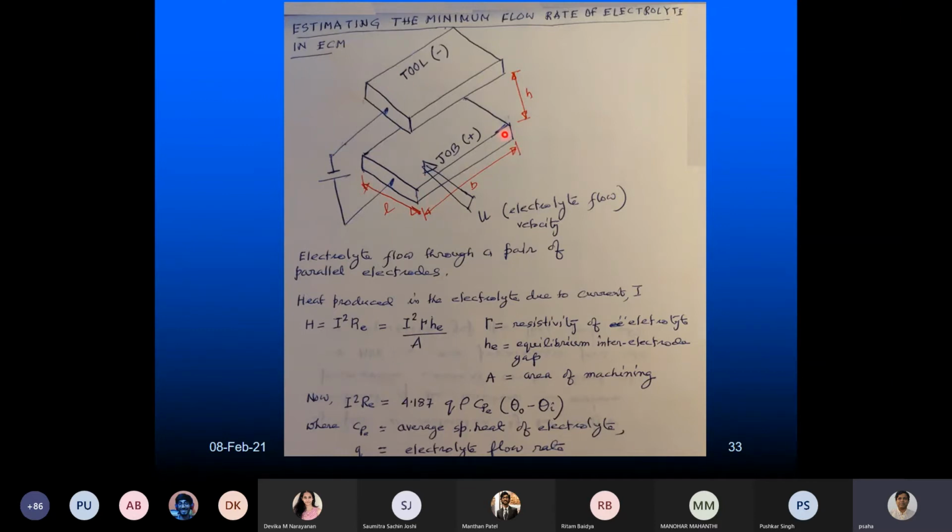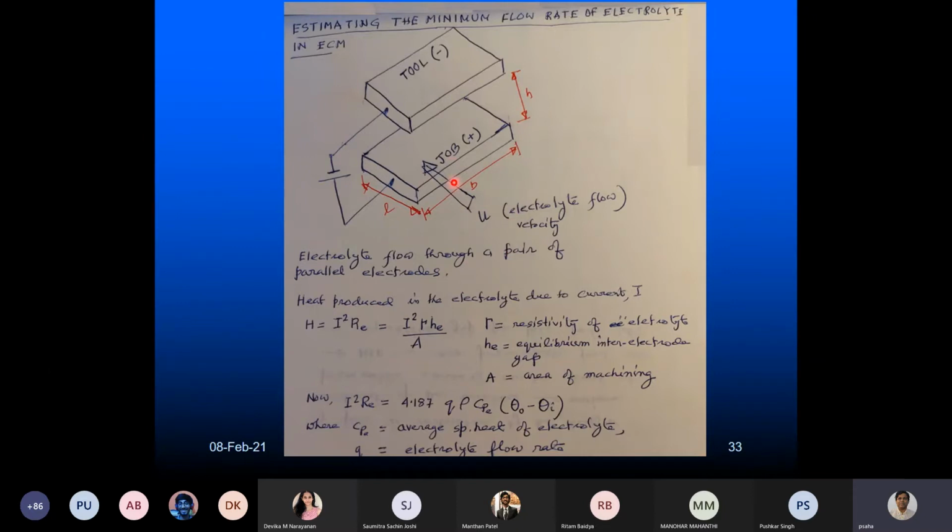The size is L into B. The tool is connected to the negative terminal and the job is connected to the positive terminal of a DC power supply. What is missing? The electrolyte has to be there. These two are flat surfaces, horizontal, and the two plates are equidistant to each other all over the surface.